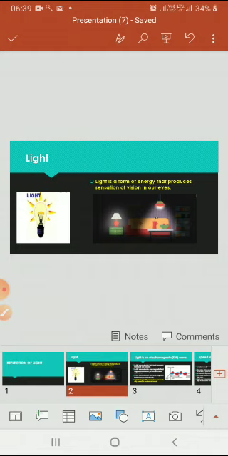That portion of the room can be seen clearly. So light falls on these objects and then light rays bounce back from these objects to our eyes and we can see these objects. So light produces sensation of vision in our eyes. So only the illuminated portion of the room can be seen clearly.